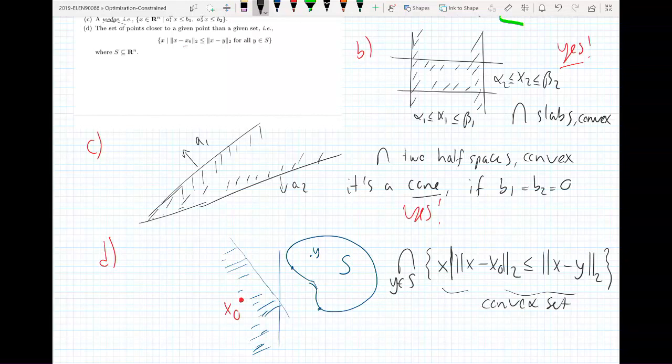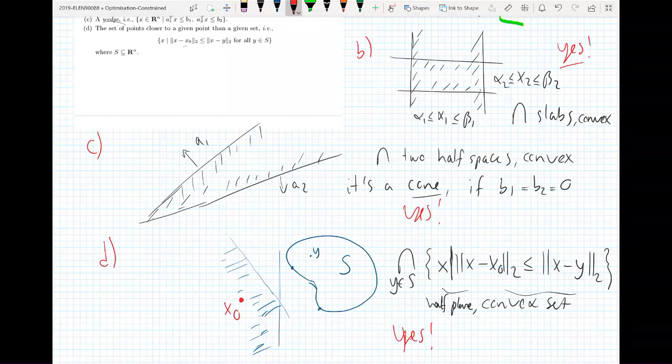because it's a half plane, and then each of them defines a half plane. And again, this is an infinite intersection of half planes. Convex intersected convex is convex. So the answer is again yes. So these are all nice convex sets. I mentioned why convex sets are important.